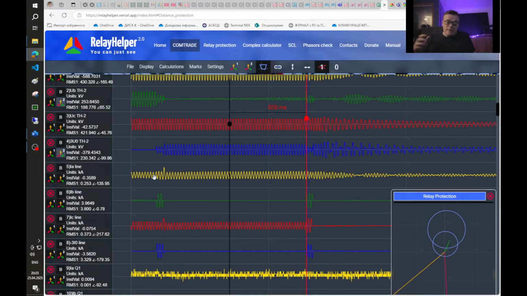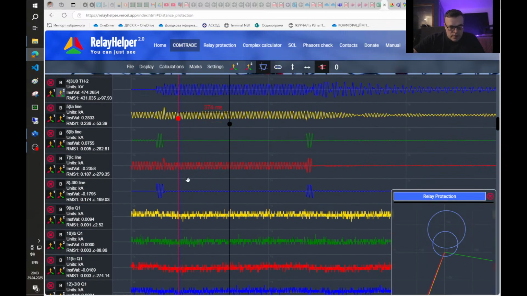I forgot to add which protections are blocked during single phase IR during this pause, because if we look at the line zero sequence current, we can see that it has some amount, and it depends on the power transmitted over the line.